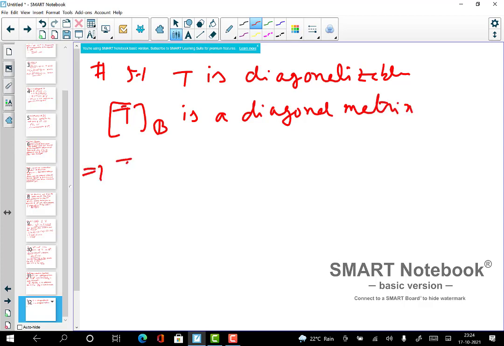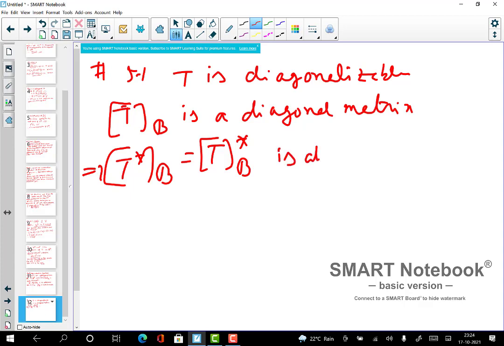Then the matrix of T star with respect to the same basis is nothing but the adjoint of the original matrix, but the adjoint of a diagonal matrix is also again a diagonal matrix.